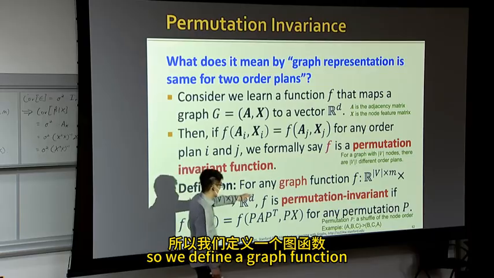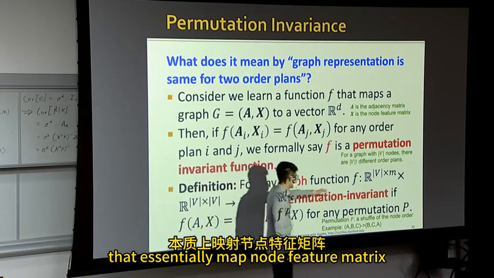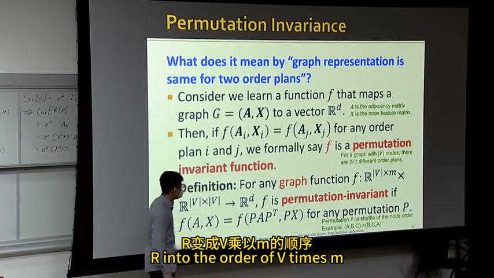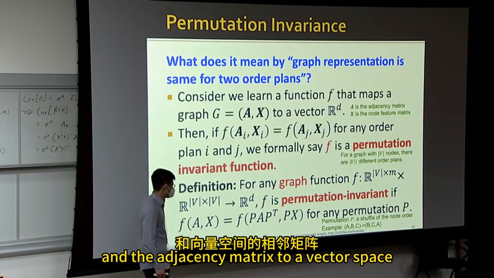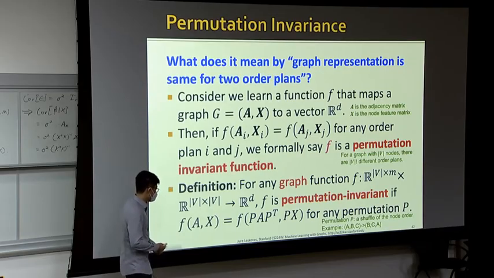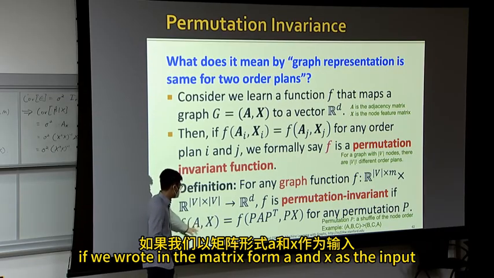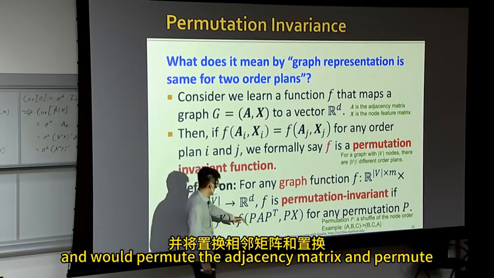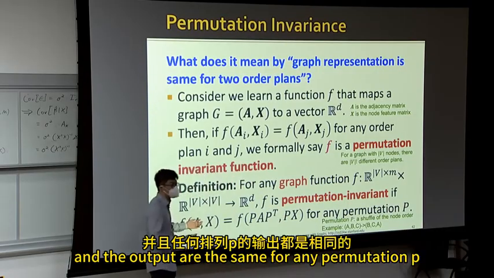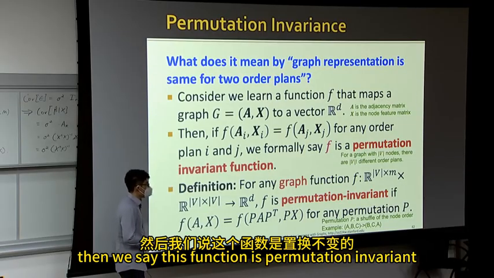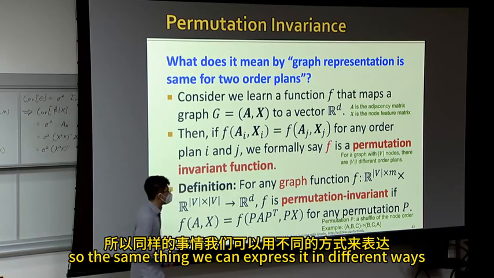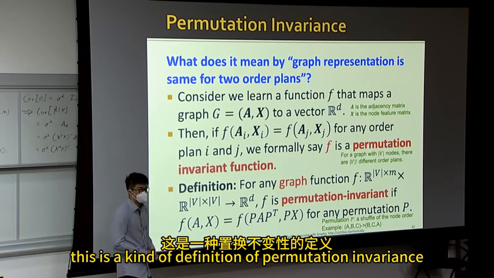We define a graph function f that maps the node feature matrix in R to the order of V times M, and the adjacency matrix, to a vector space. We say this function f is permutation invariant if, writing A and X as the input and permuting the adjacency matrix and the feature matrix, the output is the same for any permutation P. We can express it in different ways, but this is the definition of permutation invariance.